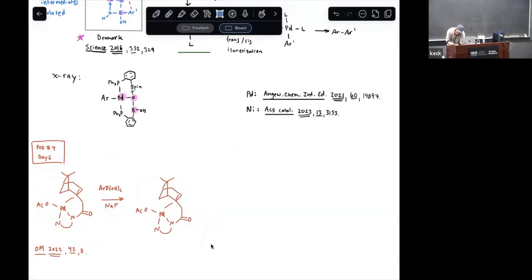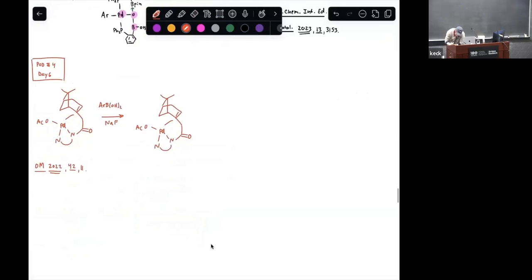Okay, so first we've got aryl boron plus sodium fluoride. What do we think the sodium fluoride might be doing? We don't know, but what would be a reasonable hypothesis?